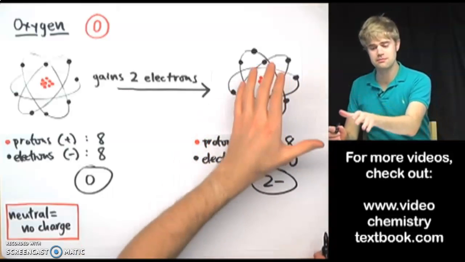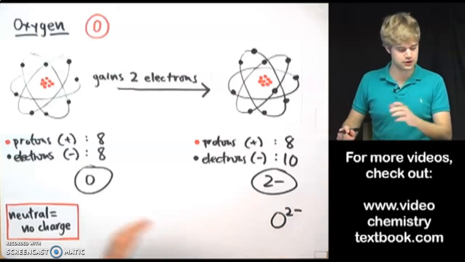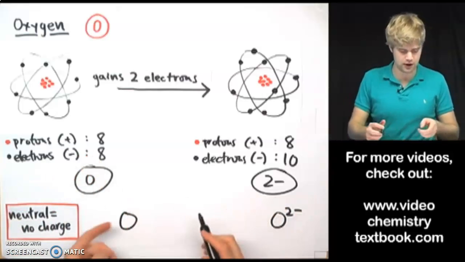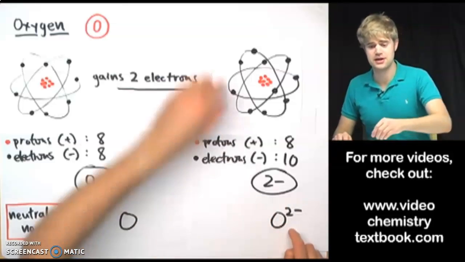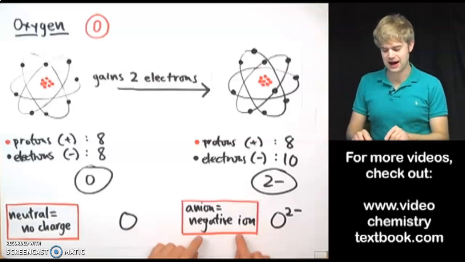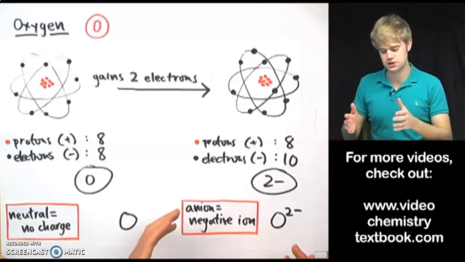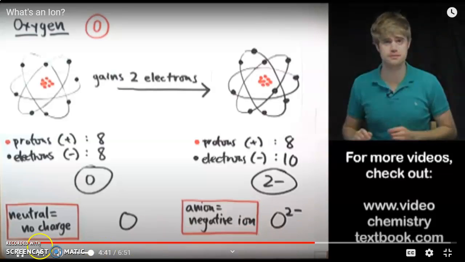I can write the symbol for this ion as O2 minus to show that it has a 2 minus charge, whereas this neutral guy over here, I can just write O. This is an ion because it has a charge, and there's a specific name for it. We can call this an anion, which is the word that we use to describe a negatively charged ion that has more electrons than protons. Okay.